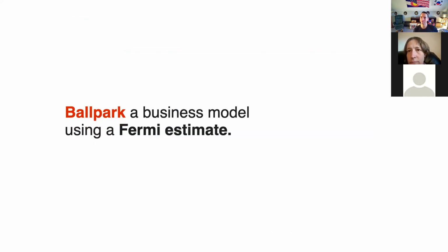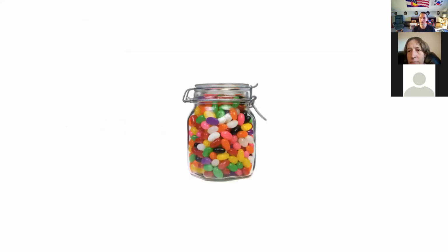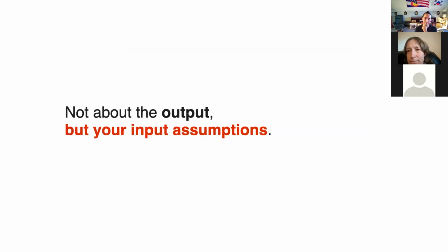Rather, we can use Fermi estimates. Fermi estimates are powers of 10, right? How many jelly beans are in there? That's a Fermi estimate. Well, I mean, that's not it, but you're using Fermi estimates. Is it 1? Is it 10? Is it 100? Is it 1,000? Choose one. That's a Fermi estimate, right? A power of 10. And that sort of guess is not about how accurate you are.